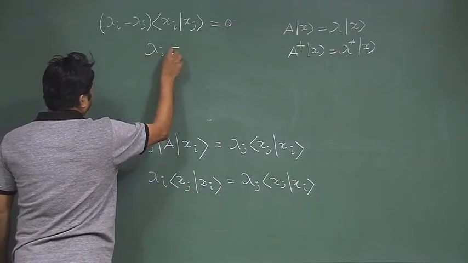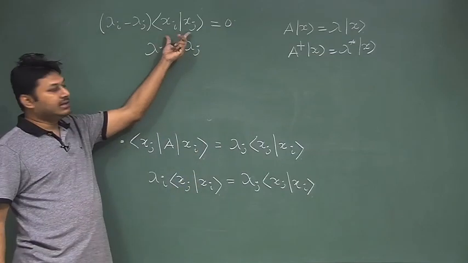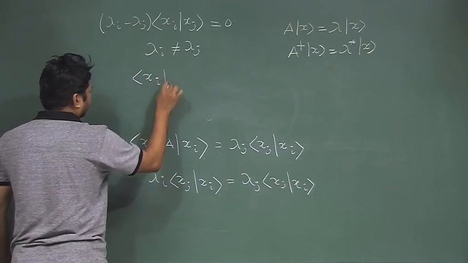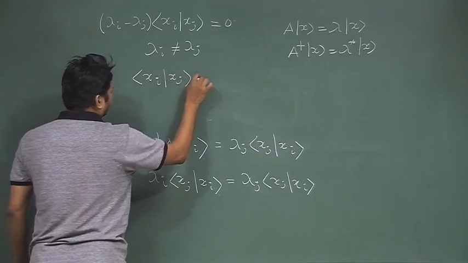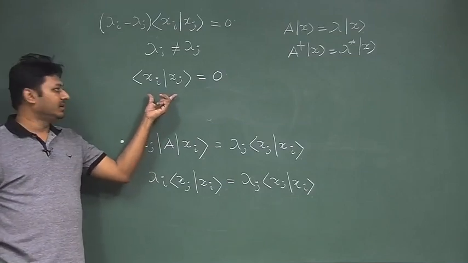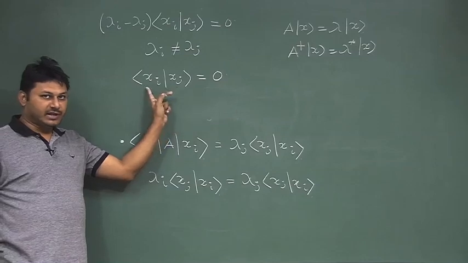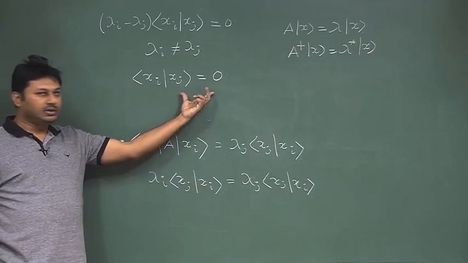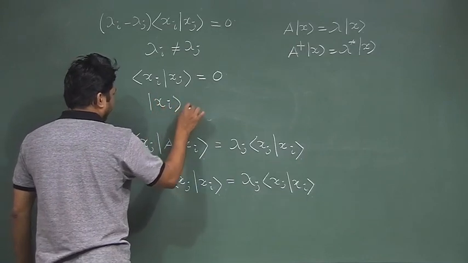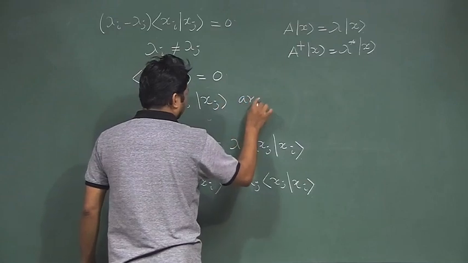For distinct eigenvalues, this condition holds, and the rest thing that I have is x_i x_j is equal to 0, which essentially means the inner product of the ith eigenvector and jth eigenvector is 0. That means x_i and x_j are orthogonal.